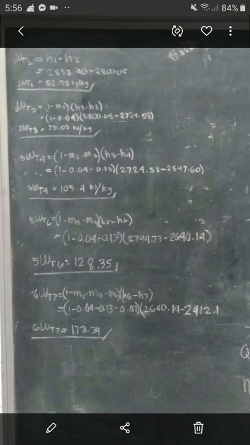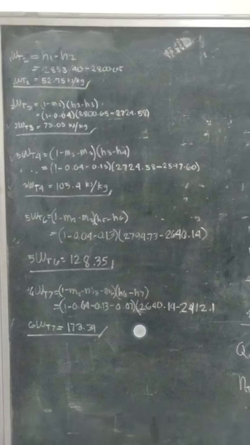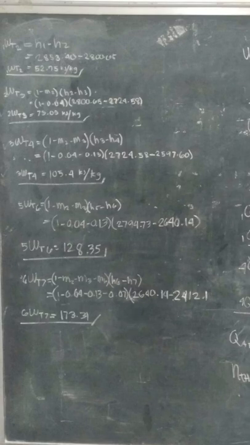So substitute all the givens, and we have the work turbine 6 of 128.35, and then work turbine 7 we have 1 minus mass 2 minus mass 3 minus mass 6 times the enthalpy 6 minus enthalpy 7.